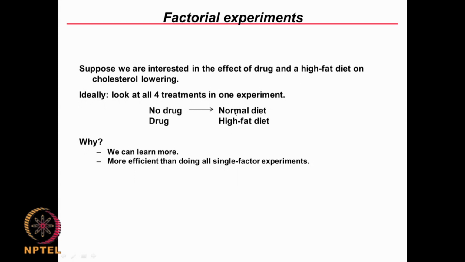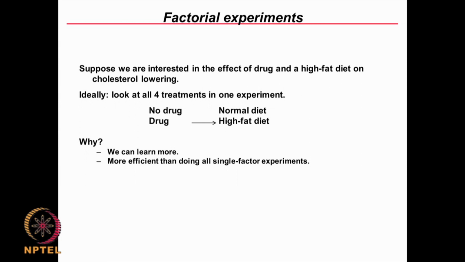No drug, normal diet; no drug, high fat diet; then drug, normal diet; finally drug, high fat diet. So, we have 4 different situations because you have 2 factors: drug, no drug, and normal diet, high fat diet. So, 2 into 2, 4.